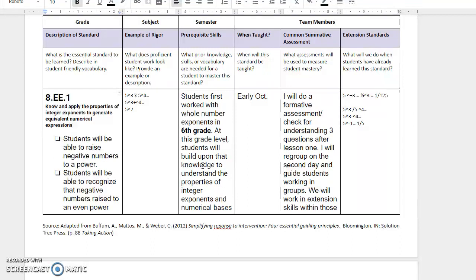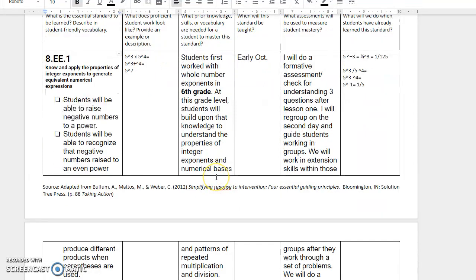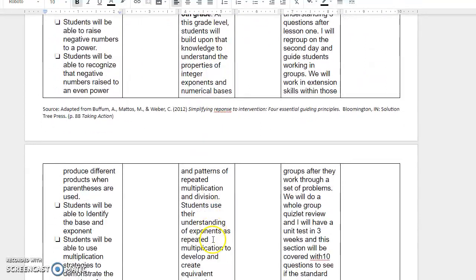Did they spend a few days on it, or will the kids really know this? Has it been brushed upon in 7th grade as well? So we'll be able to engage even more prerequisite skills when we're going vertical. But it's good to know that background knowledge. At this grade level, students will build upon that knowledge to understand the properties of integer exponents and numerical bases and patterns of repeated multiplication and division.